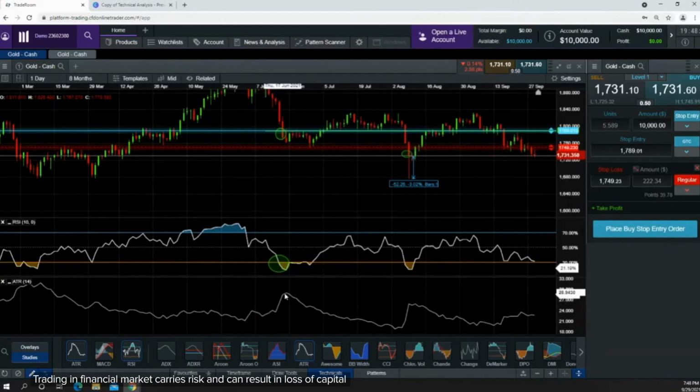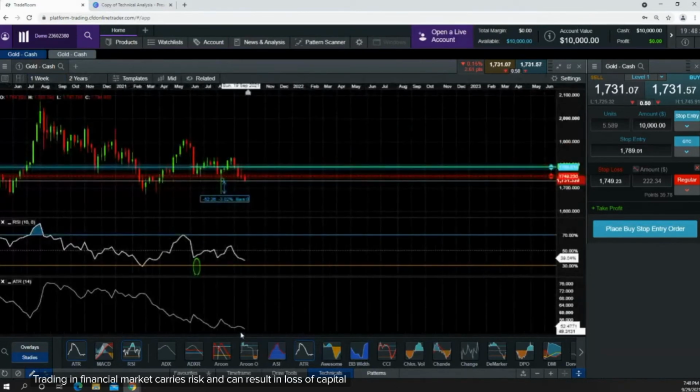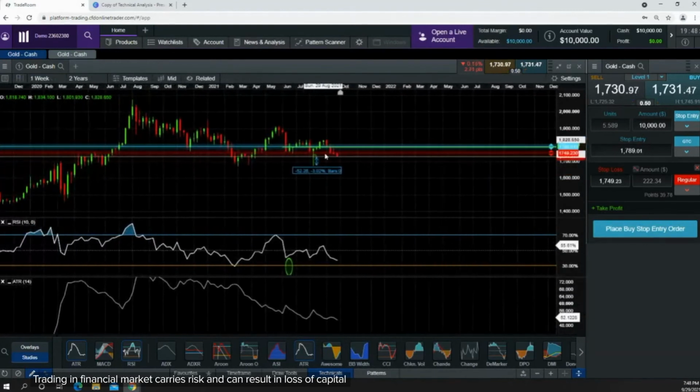Now let me change this to a weekly time frame, because if my anticipation is to hold on for a week, I need to know in a week how many dollars gold can move. So looking at the same thing on a weekly time frame, it shows gold can move about $55.